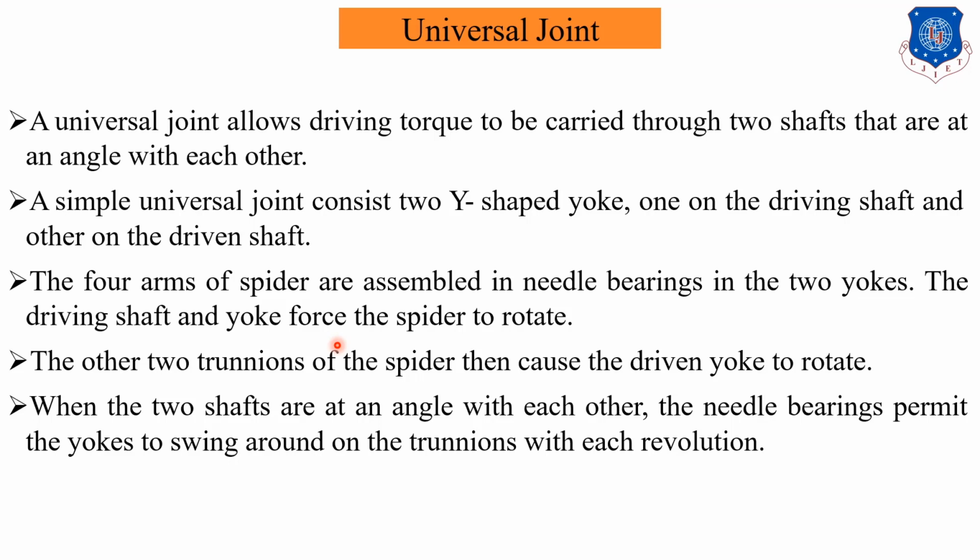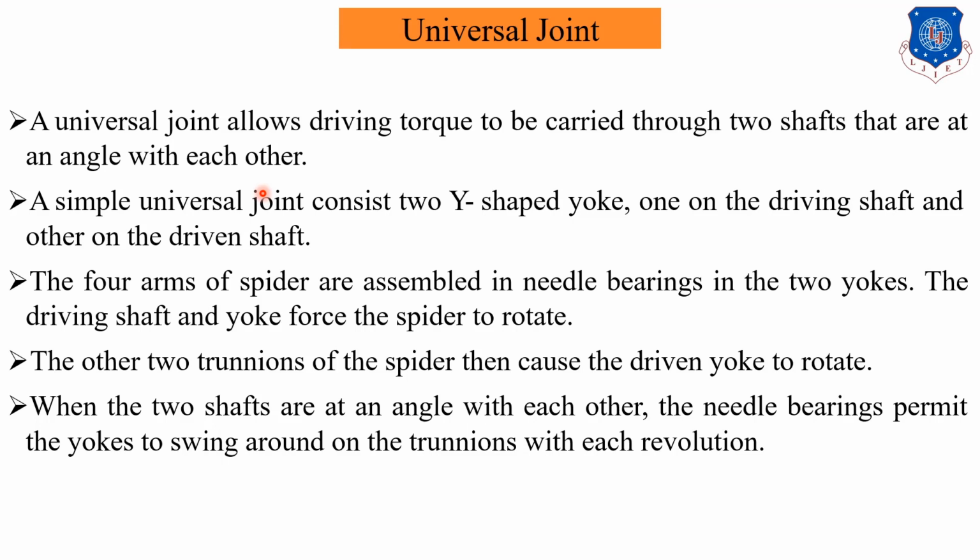Next topic is the universal joint. A universal joint allows the driving torque to be carried through two shafts that are at an angle with each other. That means when power is transmitted at some angle, we use the universal joint. That is the main function of the universal joint.